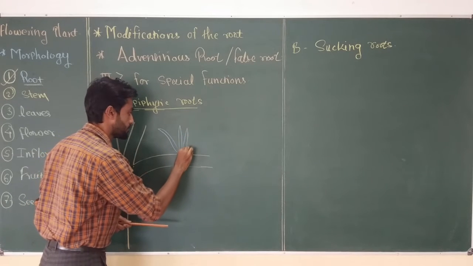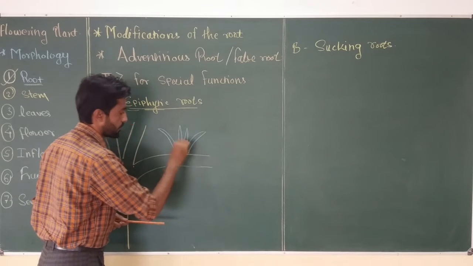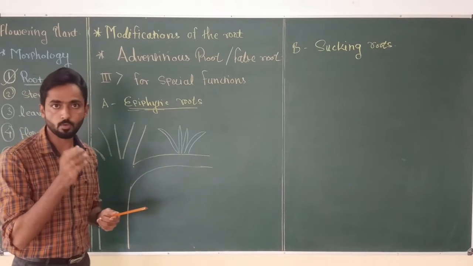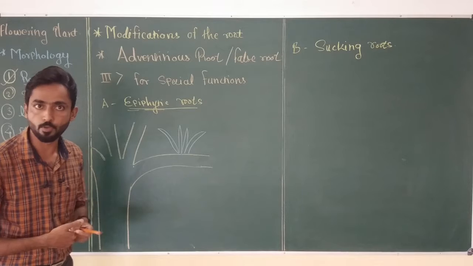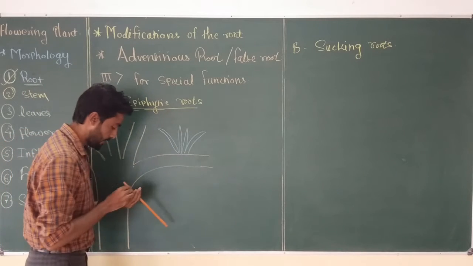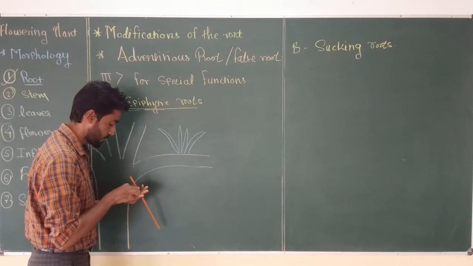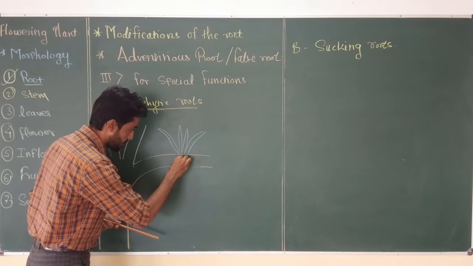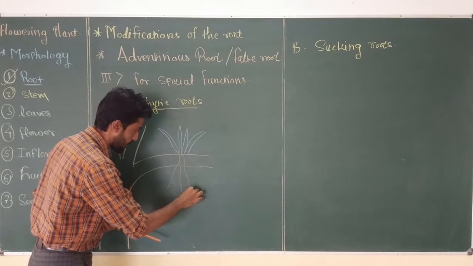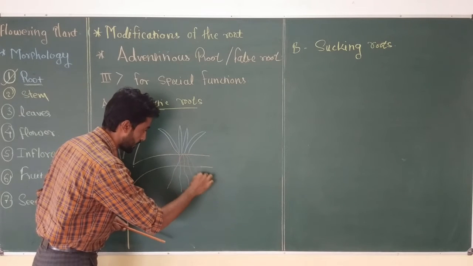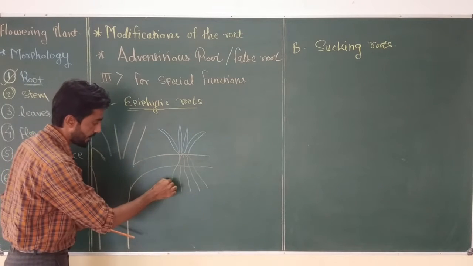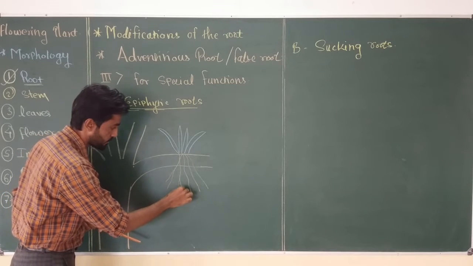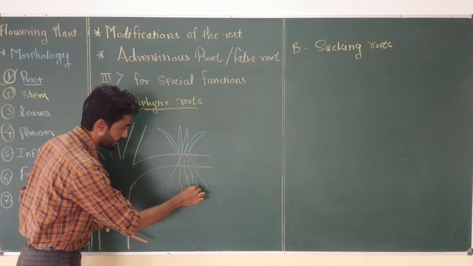They have green leaves which perform photosynthesis. That means these green leaves have chlorophyll pigments and they can perform photosynthesis. And now this epiphytic plant shows the root system, and the roots are simple, thin, hair-like structures which directly start from the leaves, and then these roots are suspended in the air.